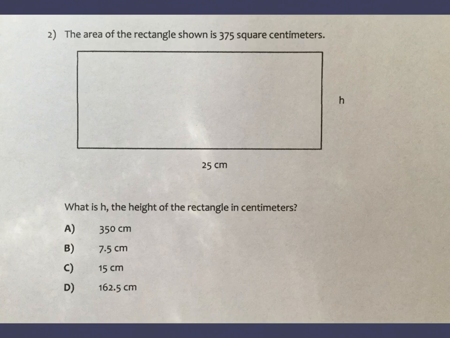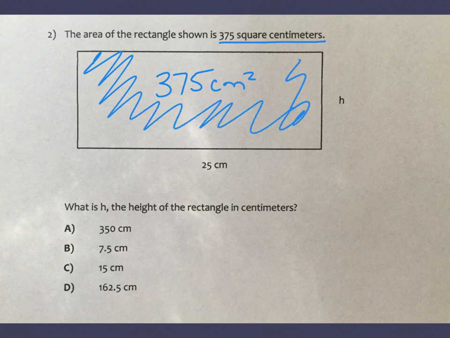The area of the rectangle shown is 375 square centimeters. That's the area, everything inside of this rectangle. Okay, what is h? The height of the rectangle in centimeters.